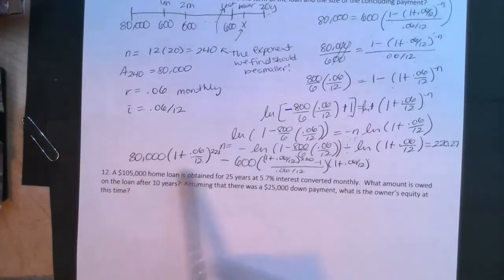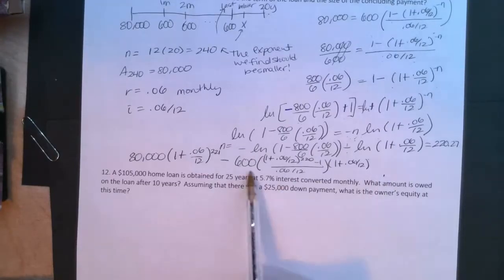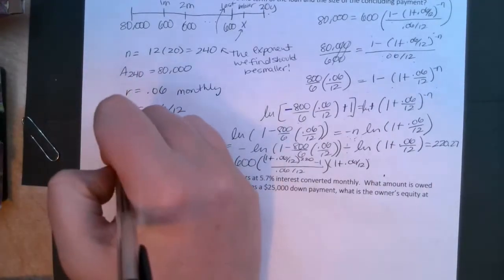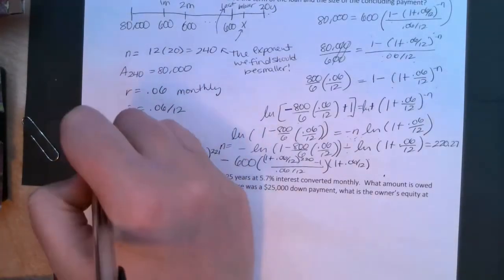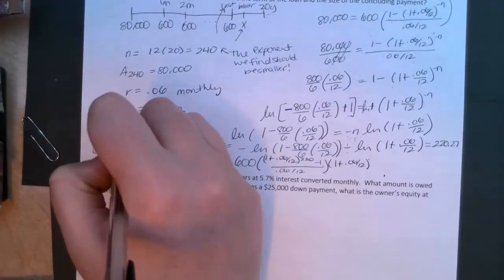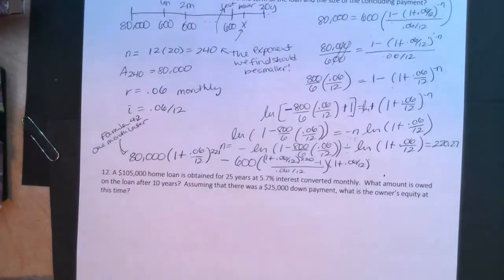Okay, so this is your whole bit, right? This is our S sub n due, so this is really formula 4.2, because again we're doing 1 month later than that last payment's made.